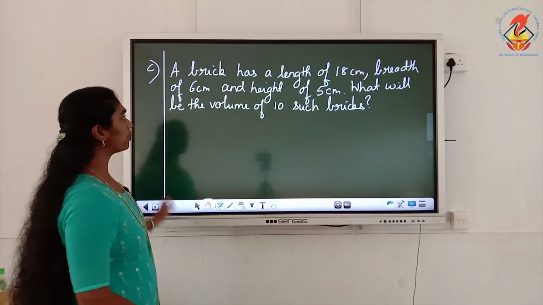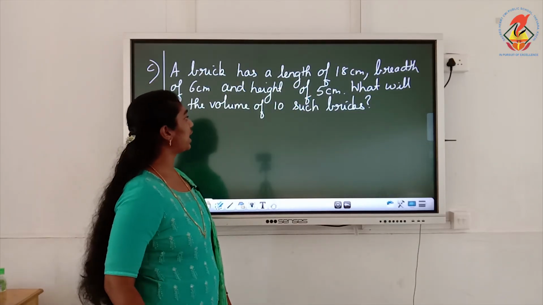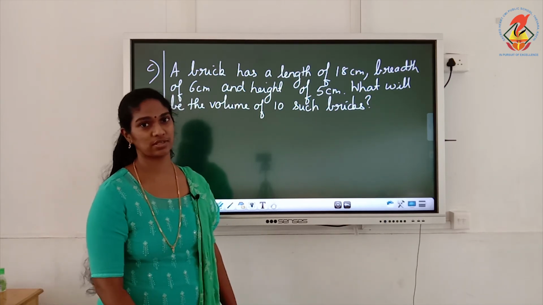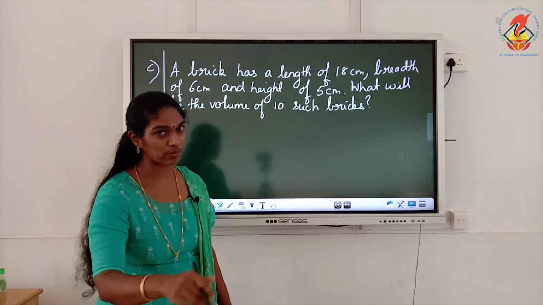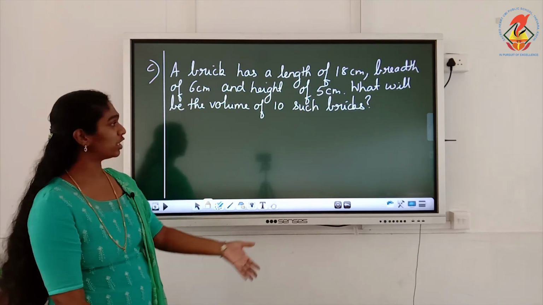Now the next one. A brick has a length of 18 centimeter, breadth of 6 centimeter and height of 5 centimeter. What is the volume of 10 such bricks? So what you have to do? You will find the volume of one brick and then multiply by 10 to get the volume of 10 such bricks.